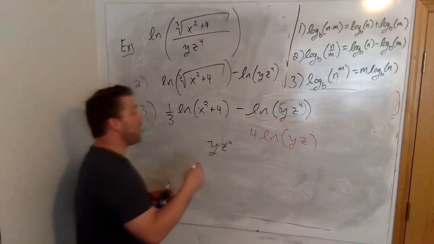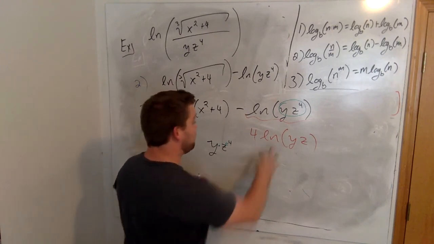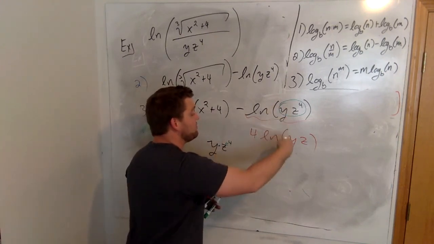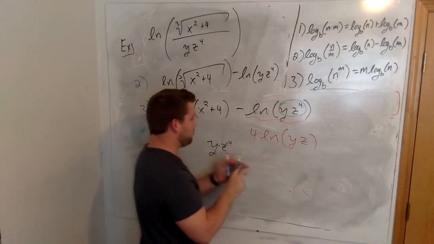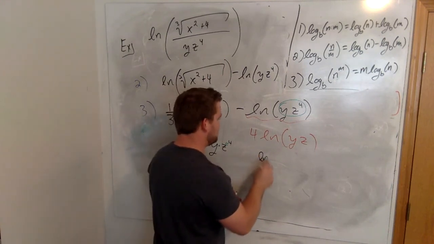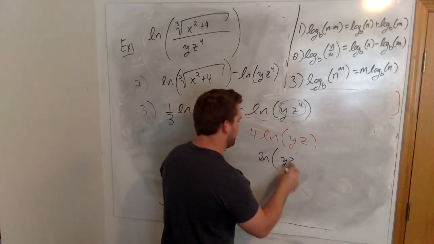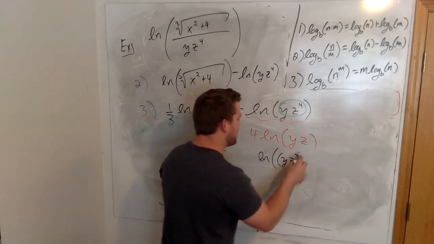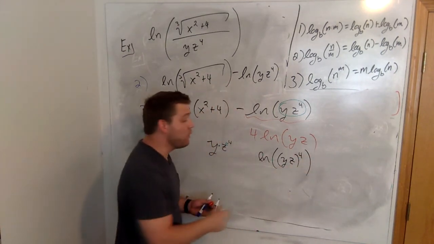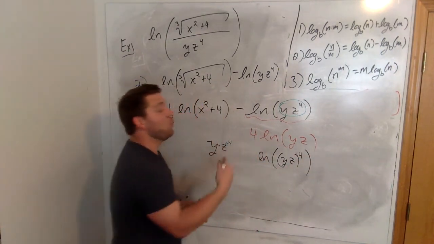This would have been right if the problem was the natural log of yz, and both the y and z were being raised to the 4th power. Then going from here to here would be correct.